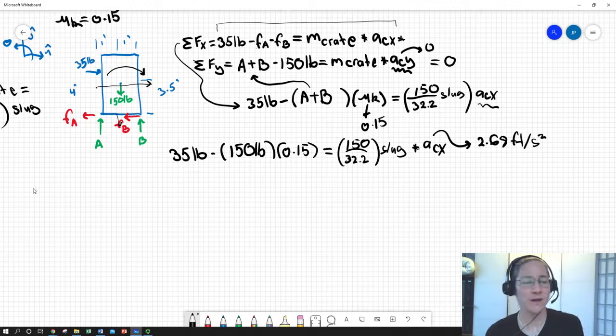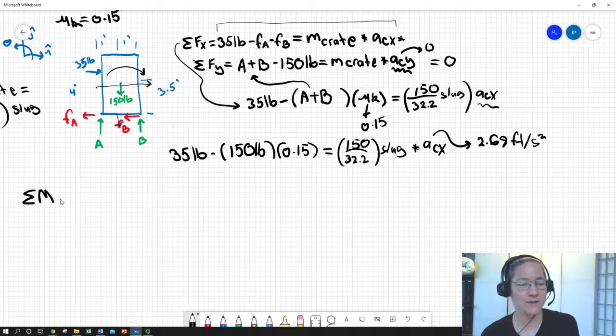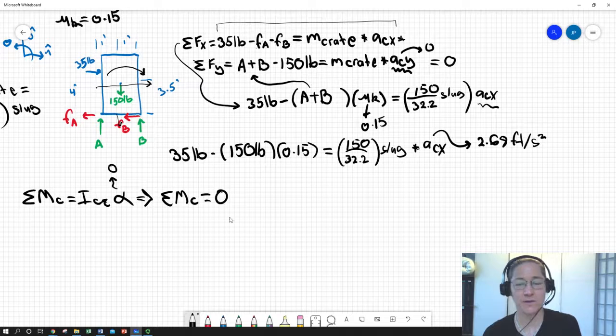So we can say that the sum of the moments about the center of mass of the crate would equal the moment of inertia of the crate about its center of mass in the z direction times alpha, the angular acceleration of the whole body. But we said this is 0. It's not starting to tip over. It's not rotating. Therefore, the sum of the moments about the center of mass equals 0.